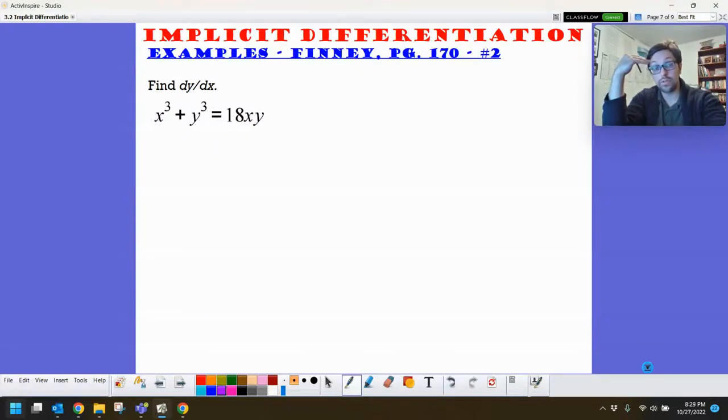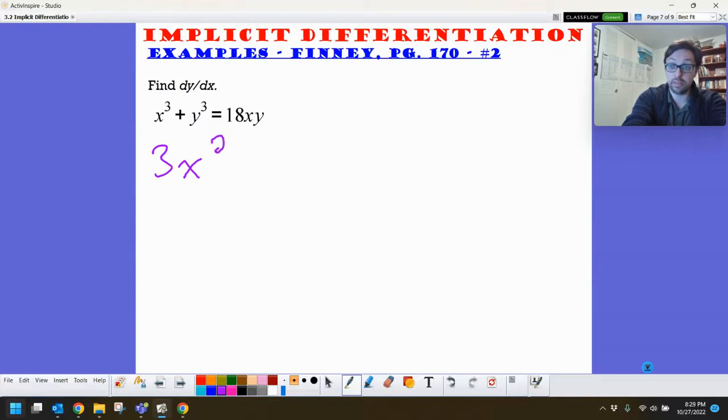In this example, we're just trying to figure out what dy over dx is going to be. So I need to find the derivative with respect to x. Plus 3y squared. That's going to be normal, but it is a y, and I'm finding the derivative with respect to x. So we're going to get a dy over dx equals, then we're going to need to do a product rule on this.